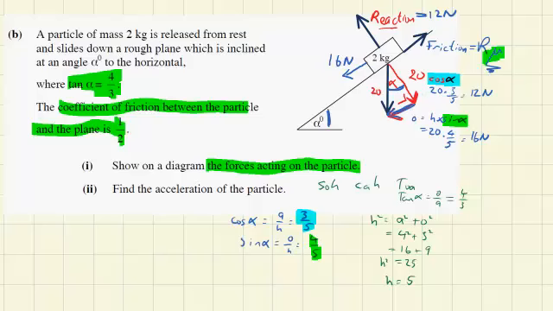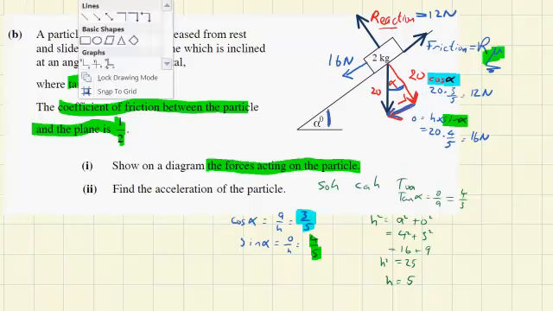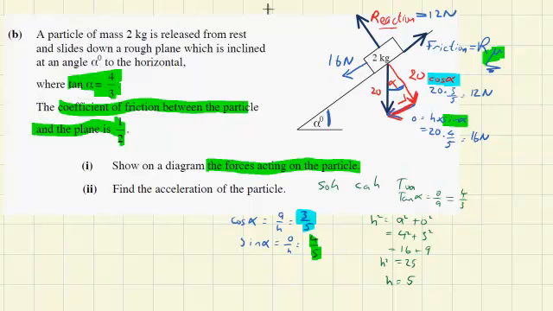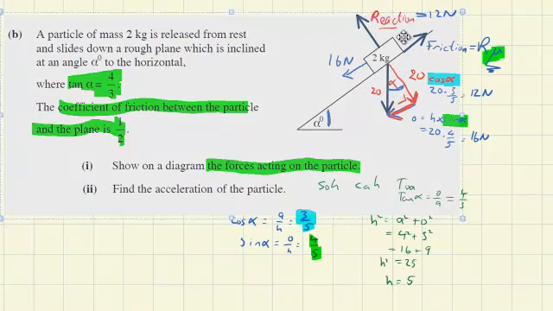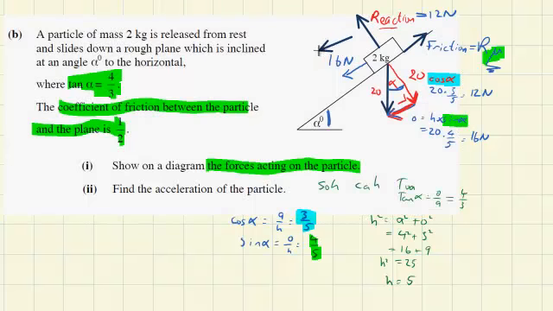So the overall force of this body down, so the overall acceleration of this body in this direction here, let's do that again, the overall force accelerating this body down the slope will be equal to the difference between those two forces. The difference between this force and this force.